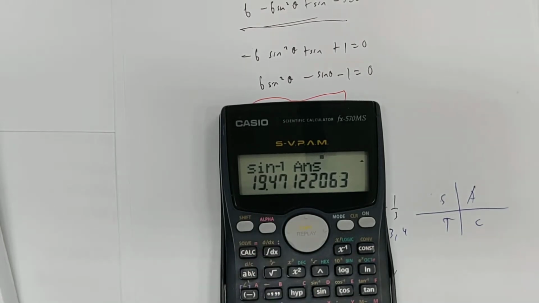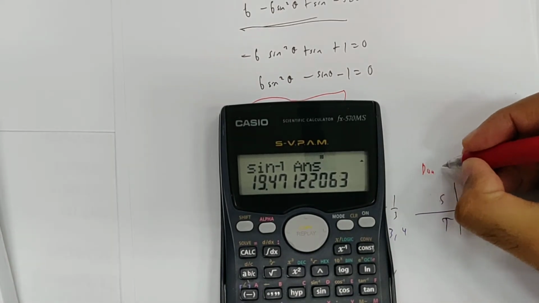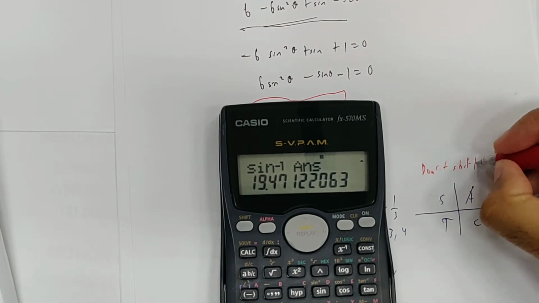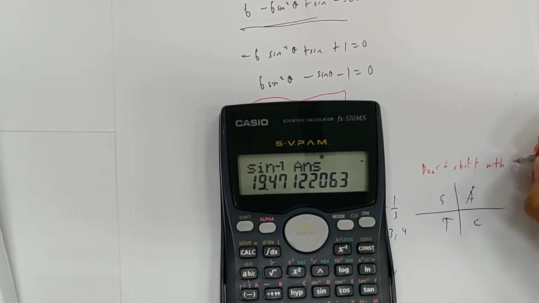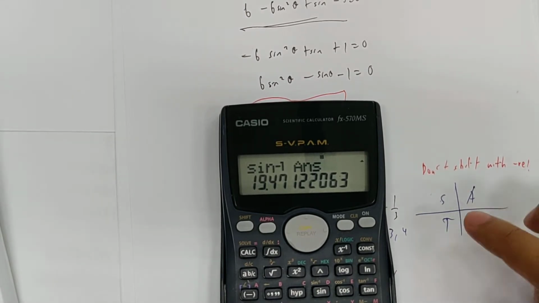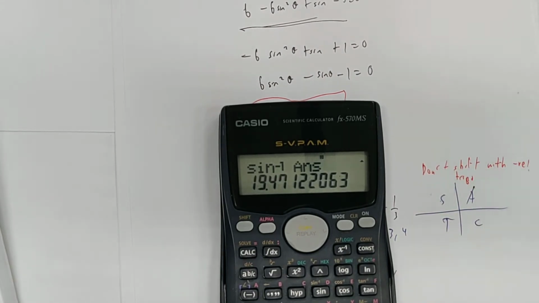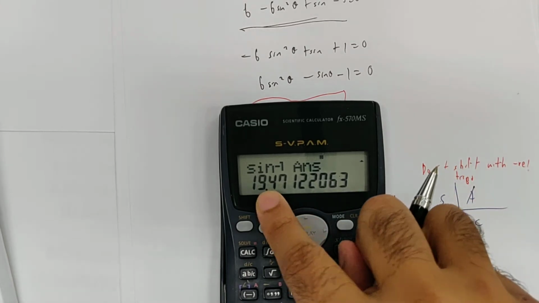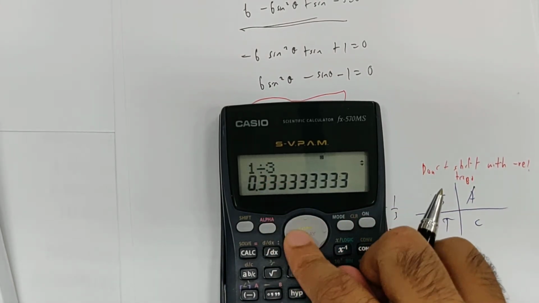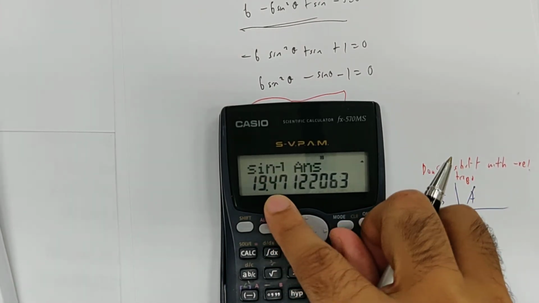So things are a bit easier for you now. Don't shift with negative, okay? If you shift with negative, it's quite tough. So my advice, like I've said, is now 1 over 3, and I get 19.47.